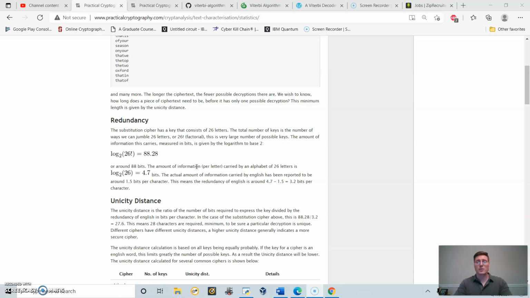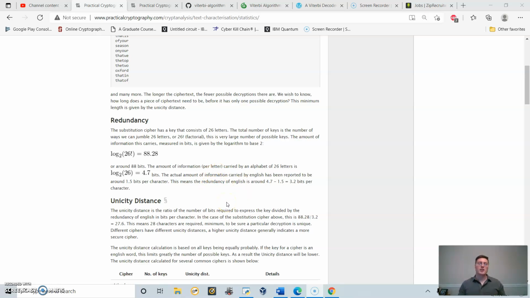So English actually has a lot of redundancy in it, and they calculated that each character has 4.7 bits associated with it, but in reality, there are about 3.2 bits per character that are redundant within the English language.